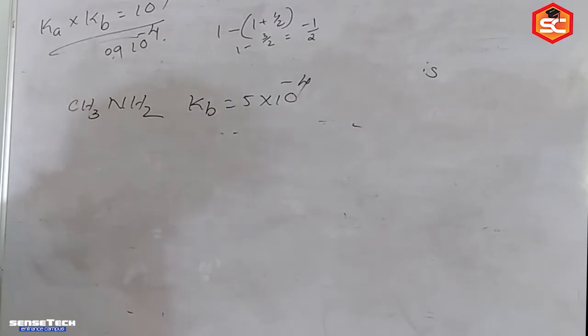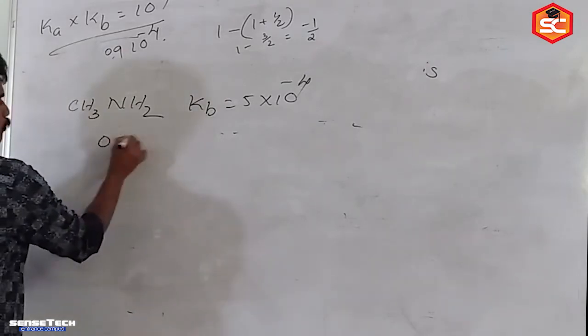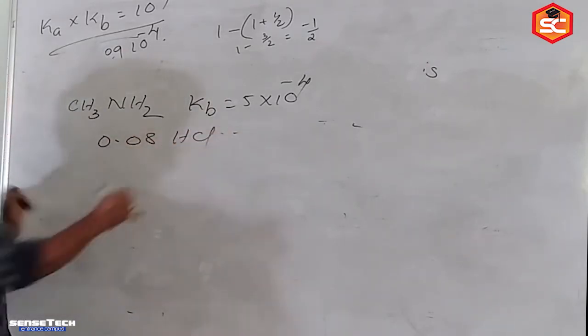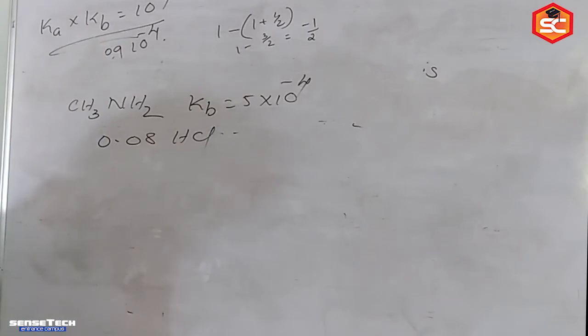It is mixed with 0.08 mole of HCl and diluted to 1 liter. What will be the H plus ion concentration in the solution? H plus ion concentration means pH.